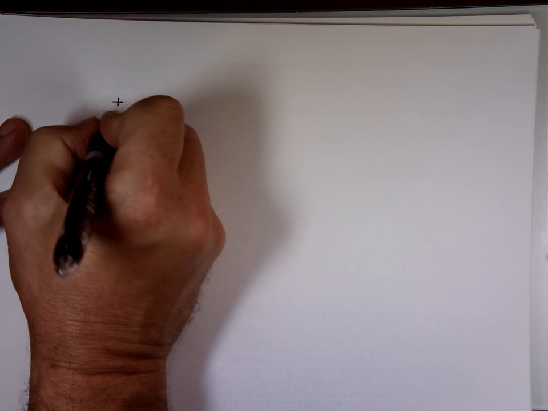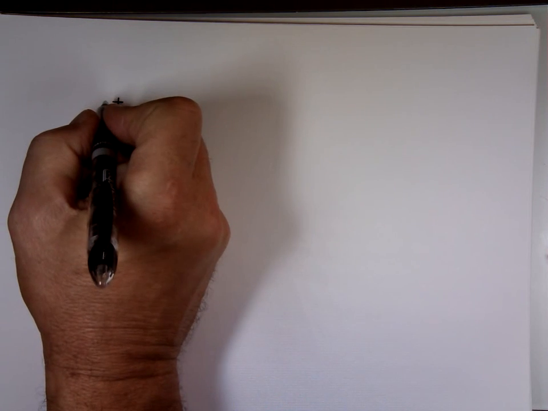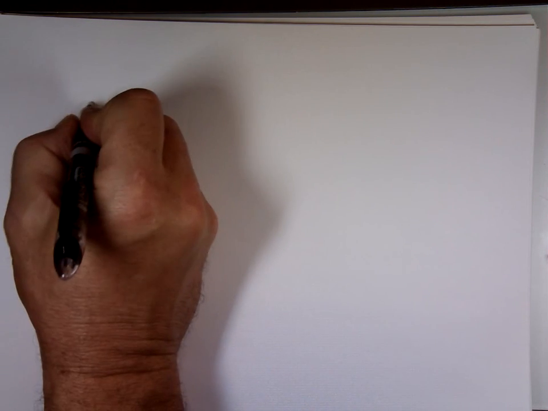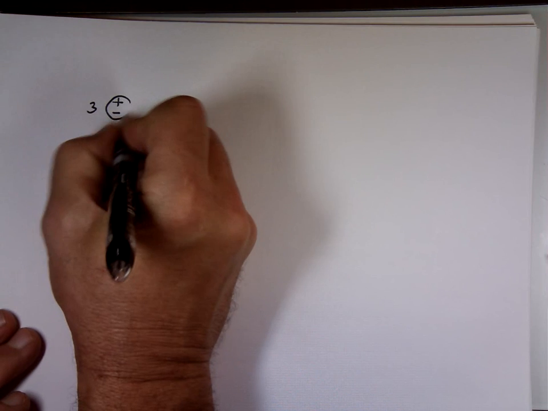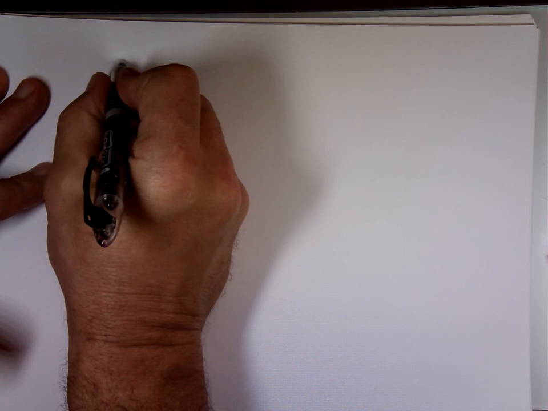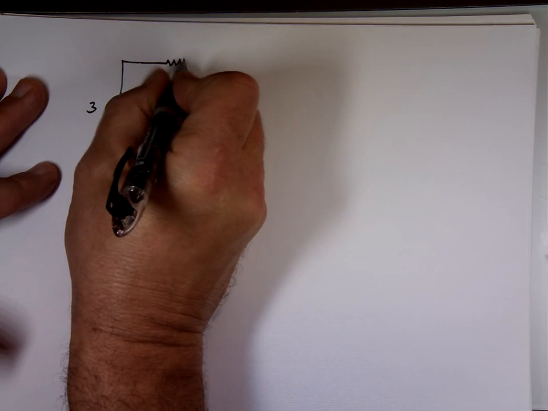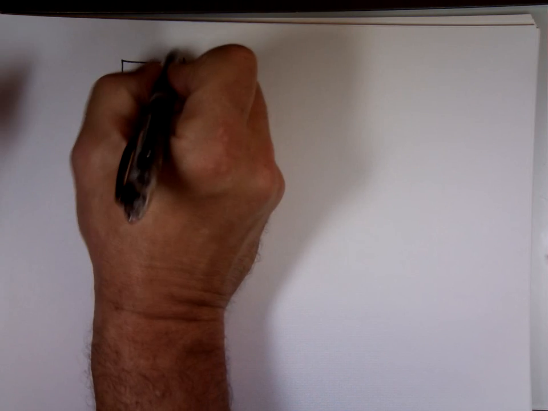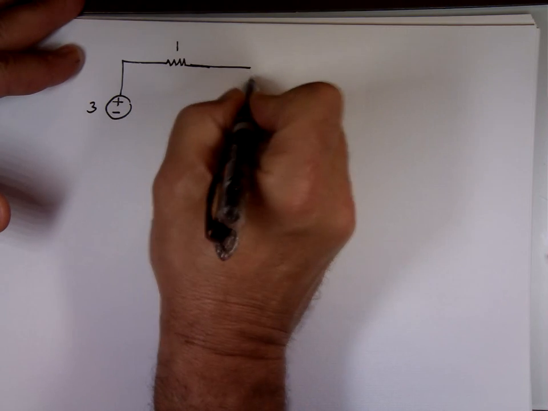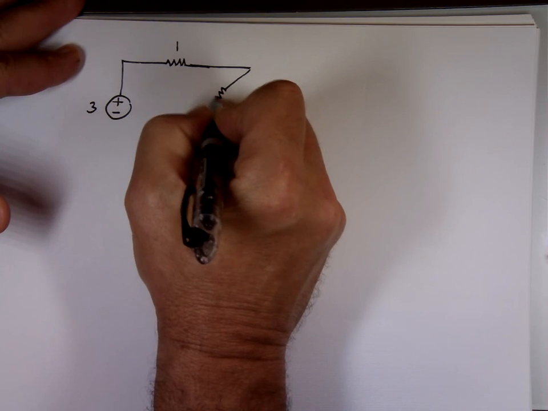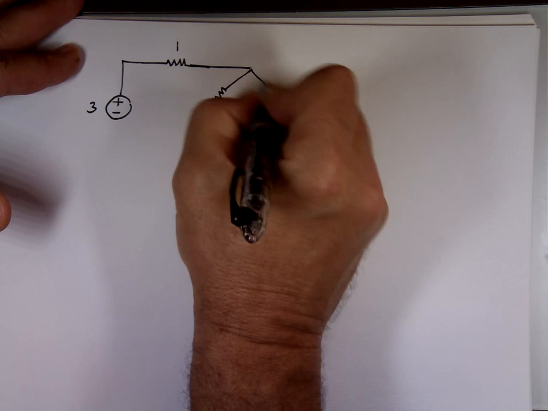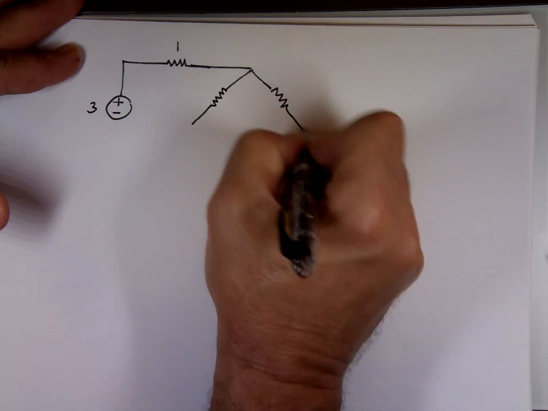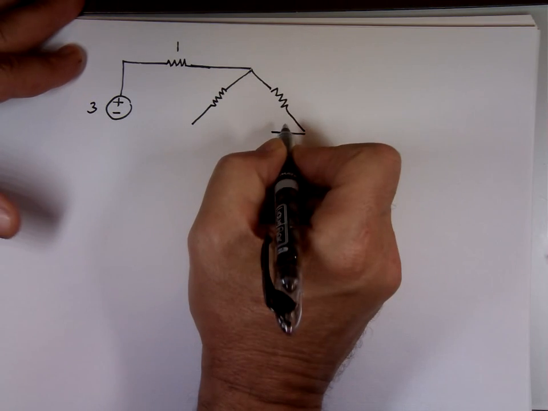Plus to minus 3 volts here. And that's 1 ohm. And now we have a dependent source here.